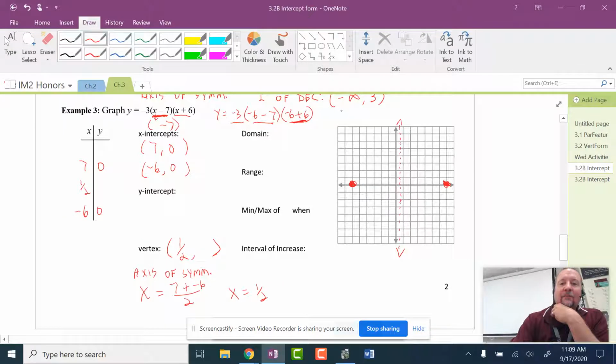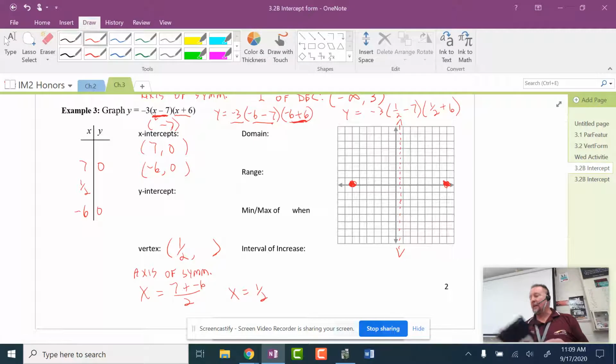Oh no, David, we're going to have to go to a calculator. -3 times a half minus 7, and a half plus 6. Oh, you tell me what you get on the calculator. This is a time when the calculator probably would come into play because that's annoying. I know I just yelled at you, you should know your fractions, but yeah, go ahead. What do you get?